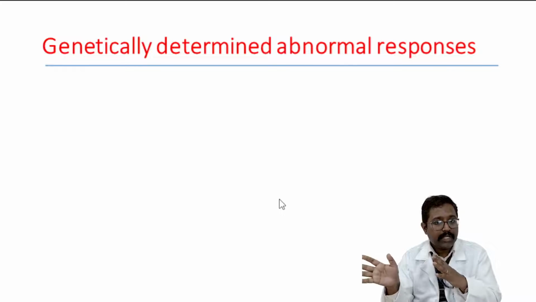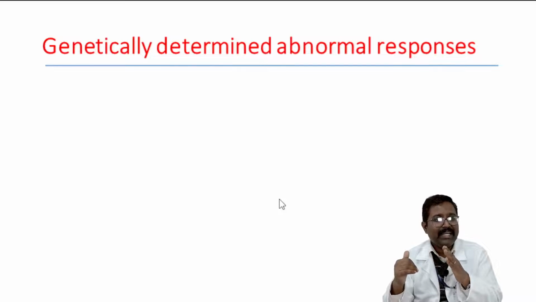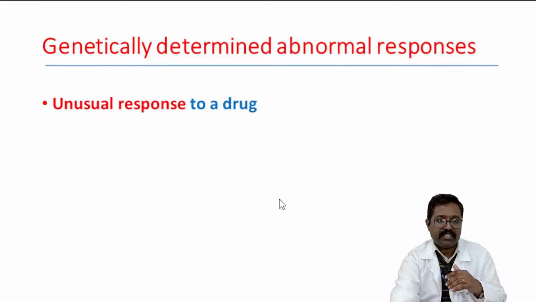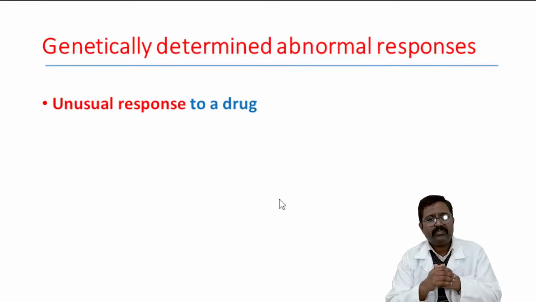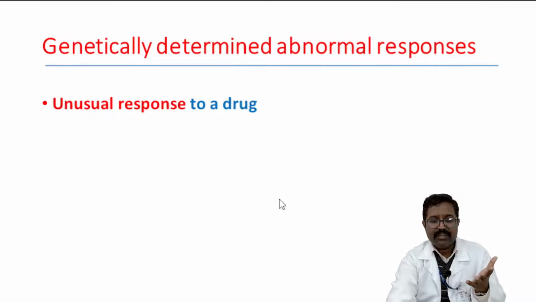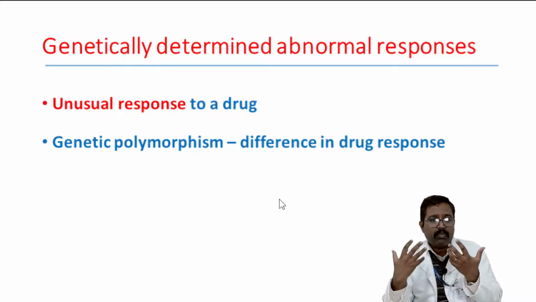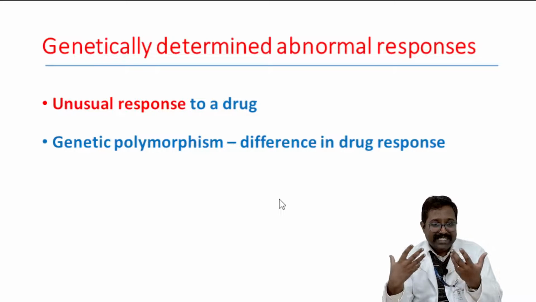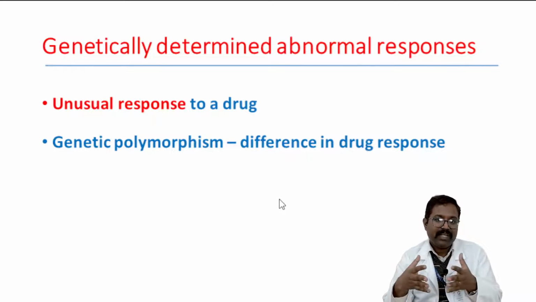Till now we talked about one of the type B responses, the allergic response, that is, the hypersensitivity reaction. Next come the genetically mediated abnormal responses. It is an unusual response to a drug because of genetic polymorphism. An individual's genetic nature can be very, very different.